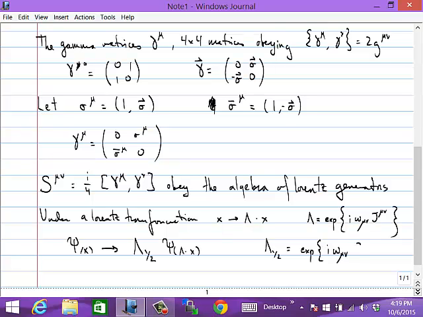And lambda to the 1/2 is just the exponential of the generator S mu nu of Lorentz transformations acting on this spinor index. So this is sort of a review of what we did last time.